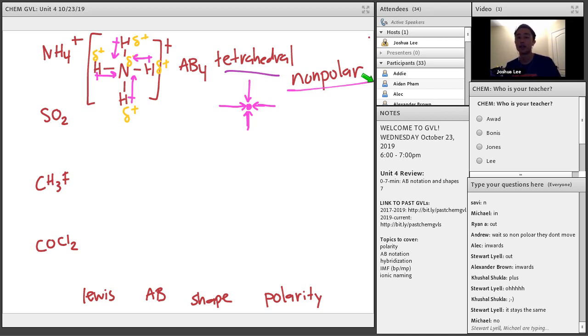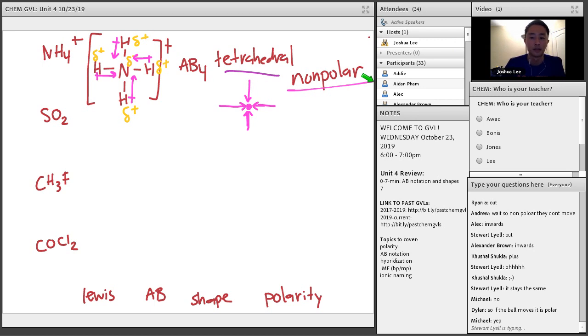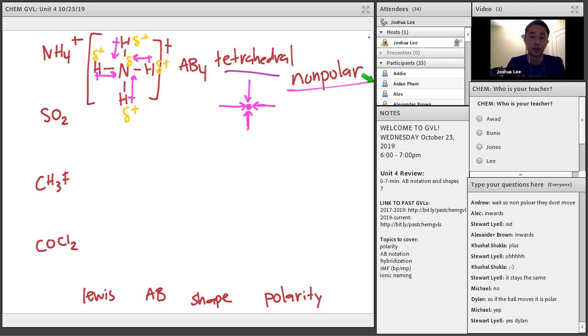So now let's look at sulfur dioxide, SO2, so it's sulfur, 6, 12, 18, they all want 8, 24, 6, 3 bonds. If the ball moves, it's polar.